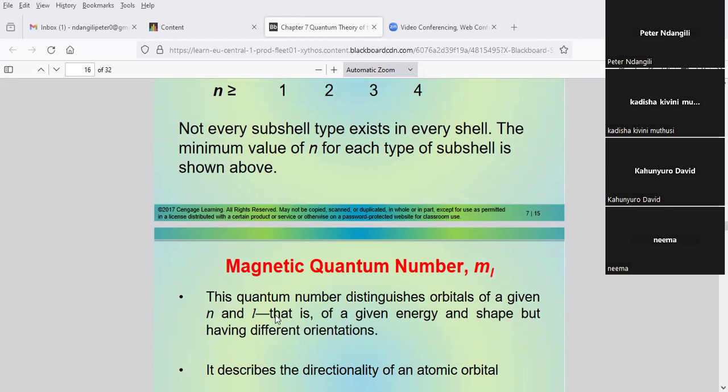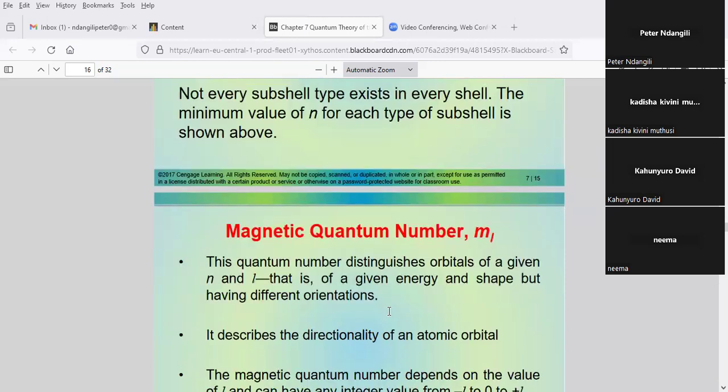This quantum number distinguishes the orbitals of a given n and L, that is, of a given energy and shape, but which may have different orientations. It actually describes what we call the directionality of an atomic orbital.